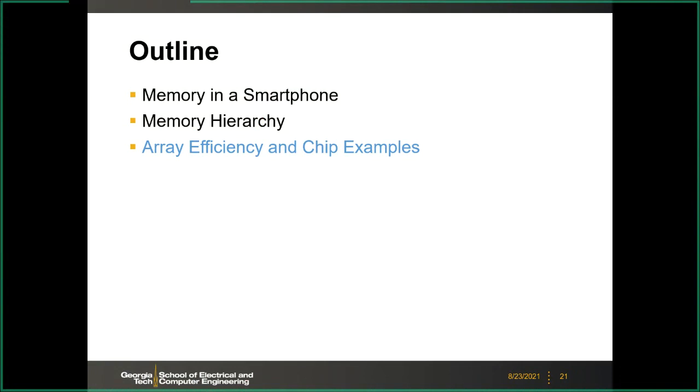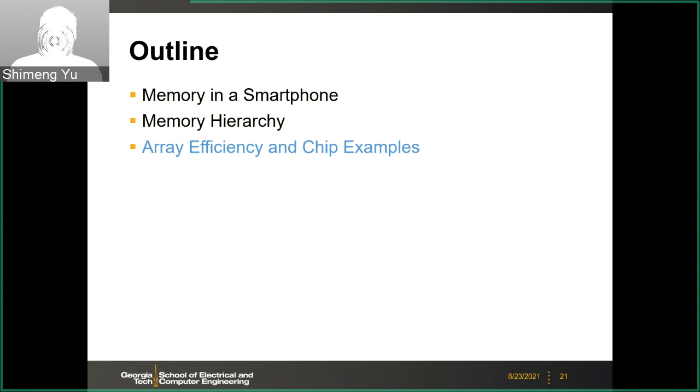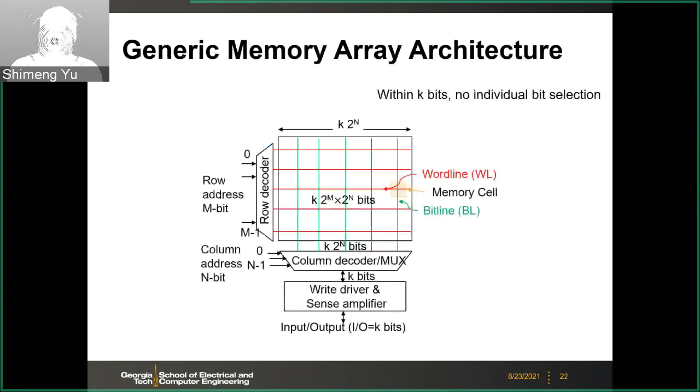All right, so the last topic today is array efficiency and the chip examples. Here, this is a generic memory array architecture. No matter which memory technology you are talking about, it has a generic organization like this. In this case, it is a 2D array. We'll talk about 3D arrays later.